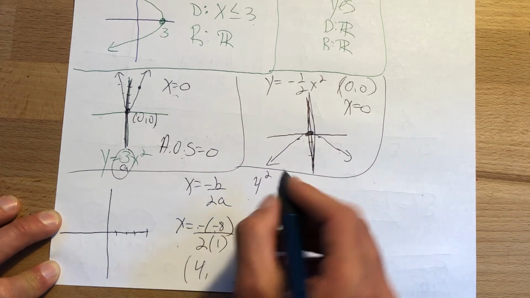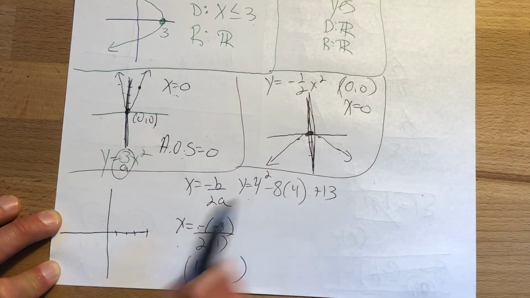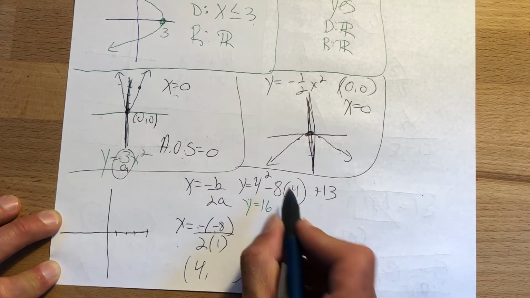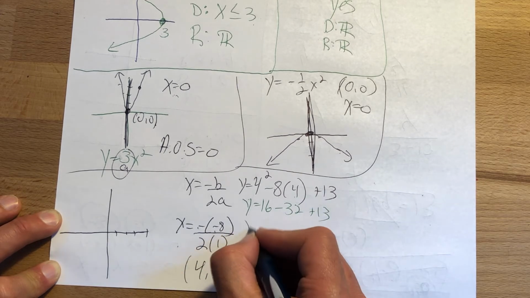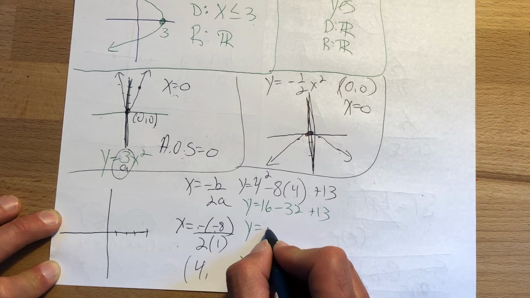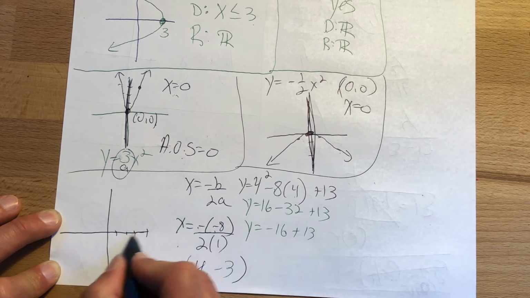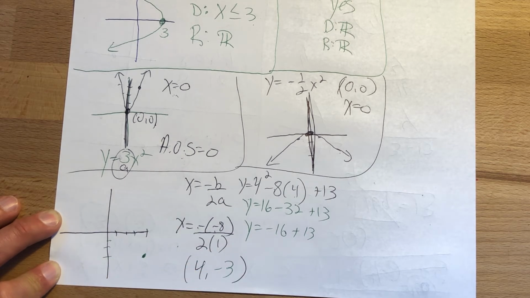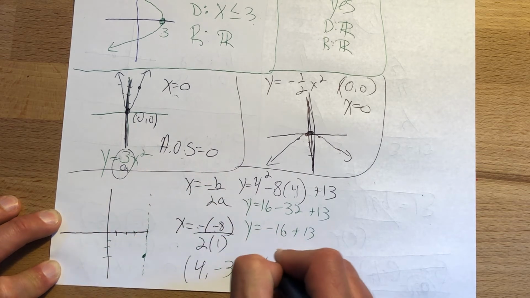So x squared minus 8 times x plus 13. This gives you your y number. 4 squared is 16. Negative 8 times 4 is negative 32 plus 13. Y equals 16 minus 32 is negative 16 plus 13, which is equal to negative 3. 4, negative 3. There's your vertex. Your axis of symmetry is going to be the x number, which is x equals 4.